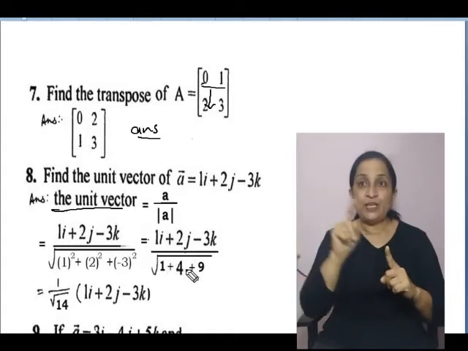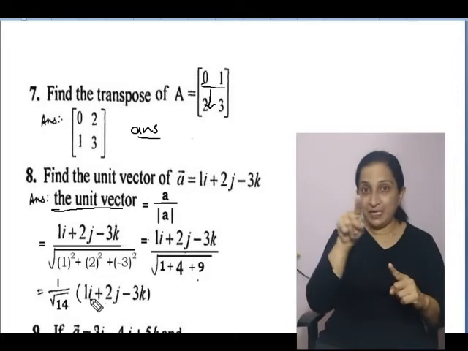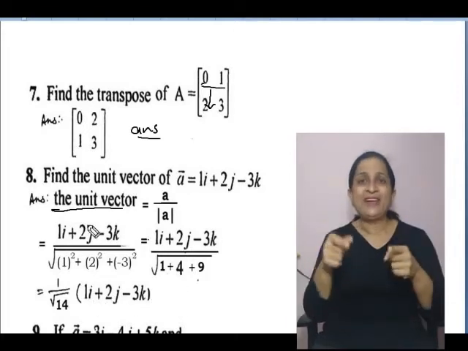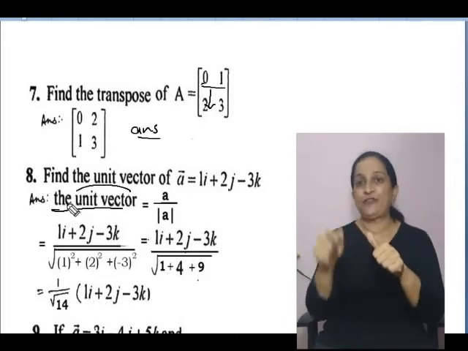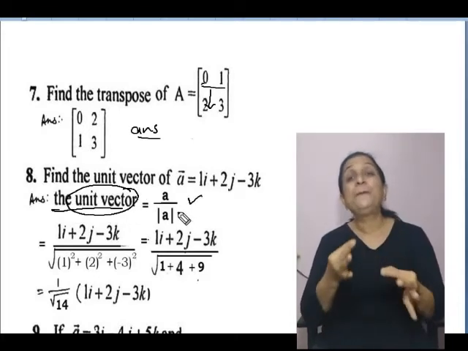So it is 1 plus 4, 5 plus 9, 14. So 1 upon root 14, 1i plus 2j minus 3k. Remember, if a unit vector question is asked, you must remember this formula.